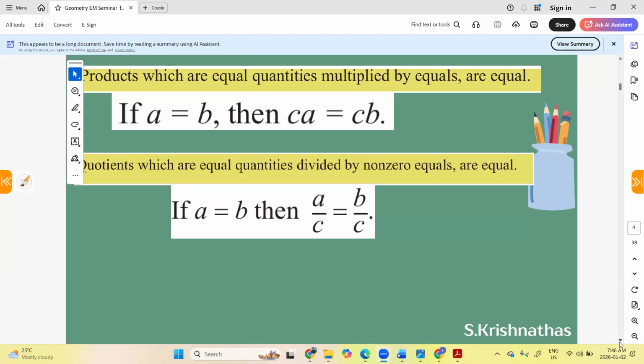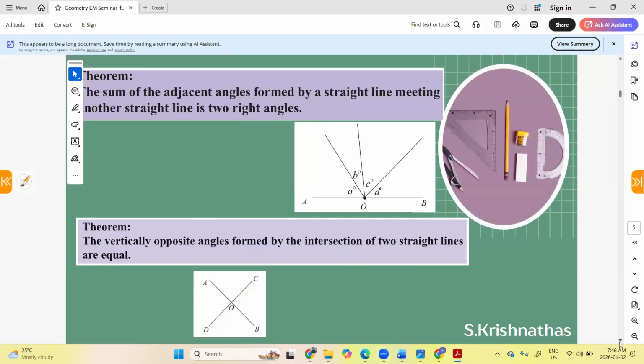Euclid says the sum of the adjacent angles formed by a straight line meeting another straight line is 2 right angles.